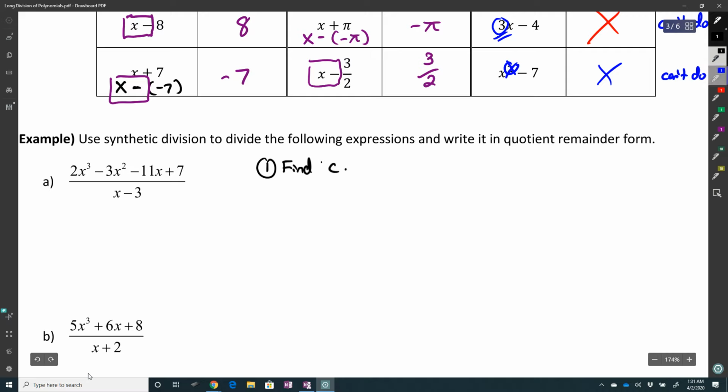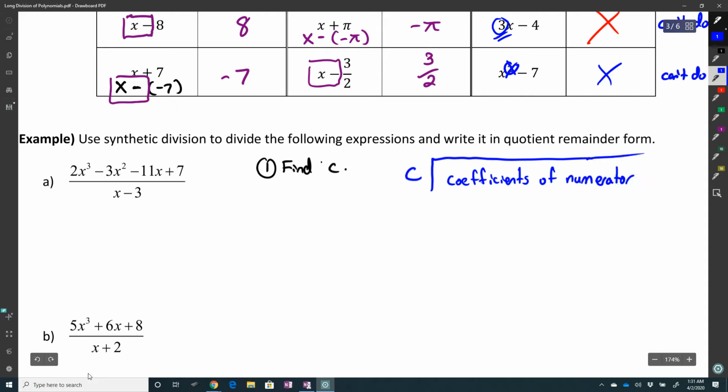And then once you find c, you're going to write your problem like this. C goes here, kind of like a square bracket thing goes on top. And then you're going to put the coefficients of the numerator. The coefficients are just the numbers in front. And when you're doing this, you have to be careful for place value.